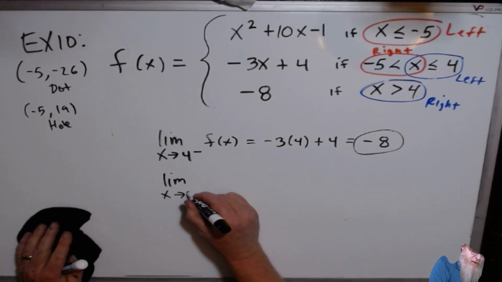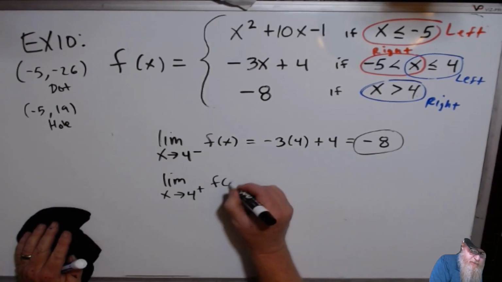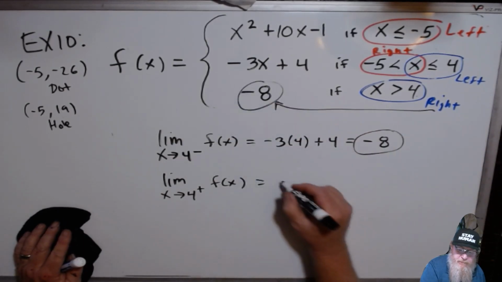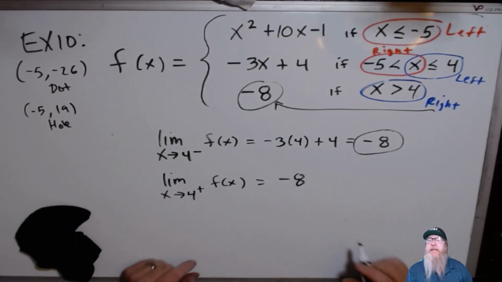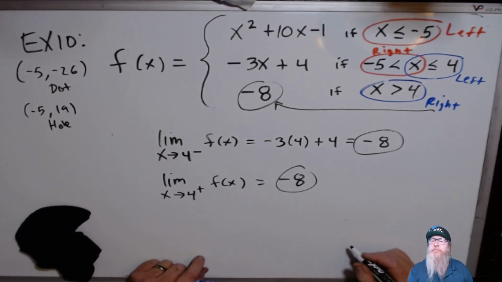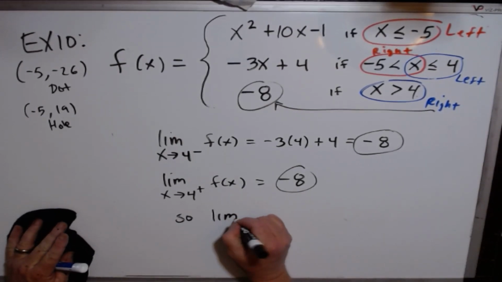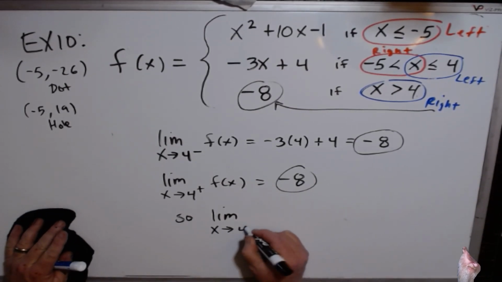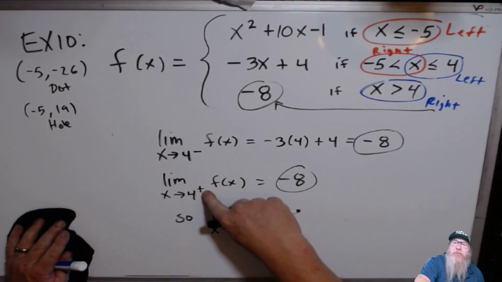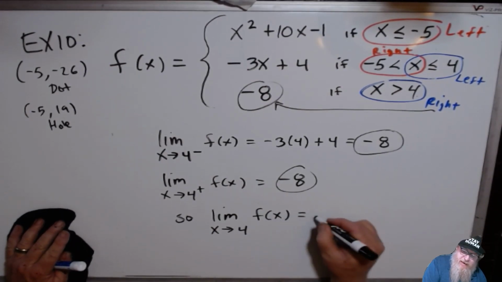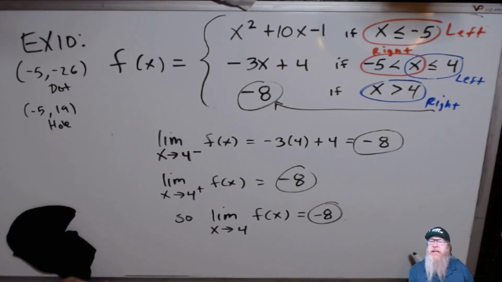The limit on the right, well, it's a constant function. It's always equal to negative 8. So that means the limit exists. So I can drop the left and right symbols and just say the limit as x goes to 4 is negative 8. It exists.